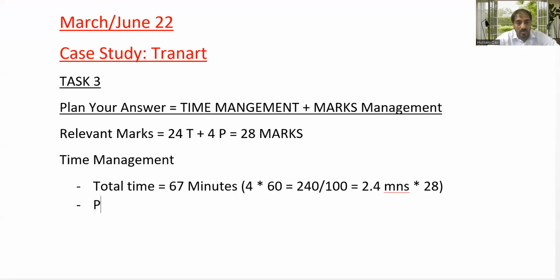Make sure that you plan. Make sure you allocate the time: 20% for planning and 80% for execution. Sir, whatever you are saying, it's very time consuming.